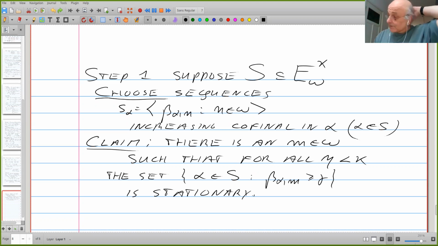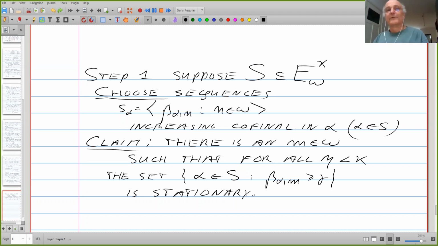The alphas go up to kappa, so they increase. Every sequence beta alpha n converges up to alpha. But if alpha gets bigger, of course, some of those betas will have to grow with them because otherwise the sequences cannot keep up with the alpha.